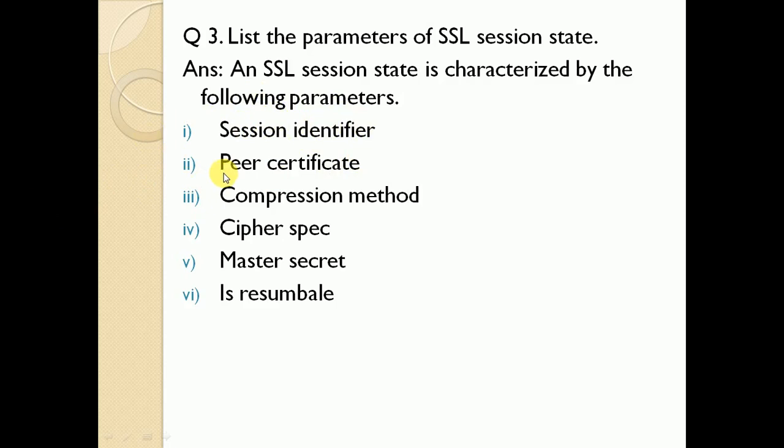Then the second one is peer certificate. Here an X.509 version 3 certificate of the peer. This element of the state may be null. Then next is the compression method. The algorithm used to compress the data prior to encryption. So beforehand you have to decide which compression method has to be selected.